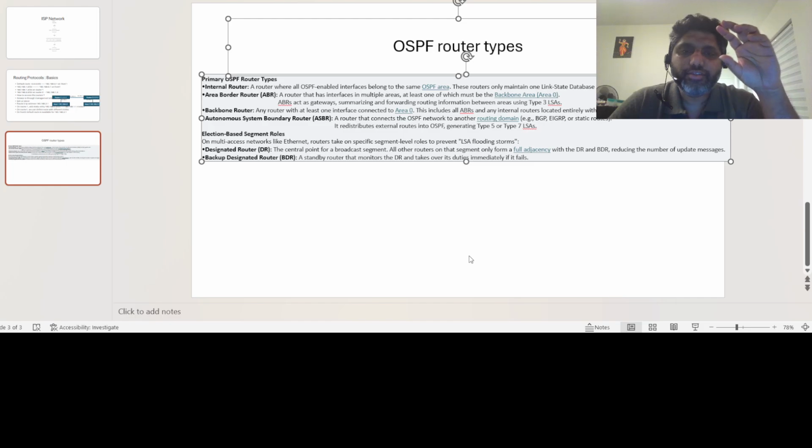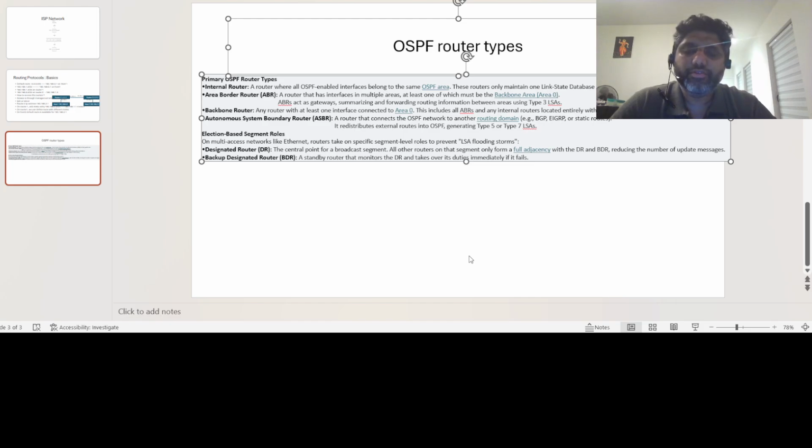So there is area 1, area 0, area 2. All the routing updates from area 1 should go through area 0 to the area 2 network. So the LSAs, not SLAs, LSAs, link state advertisements, are called type 3 network LSAs, and they are sent between the areas, right?